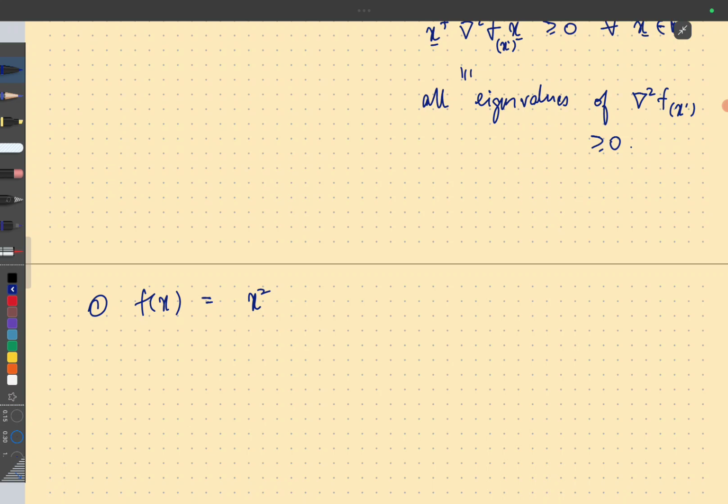Again, it's a function over the reals. What can you say about this function? Is it convex, concave, neither? It's convex, and why is it convex? You take the second derivative, what is that equal to? It's equal to 2 for all x, right? So it's a convex function.